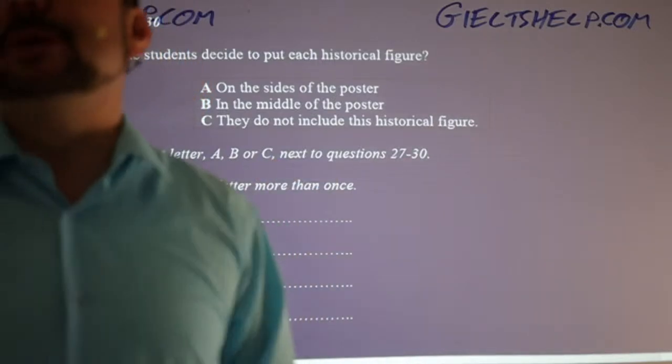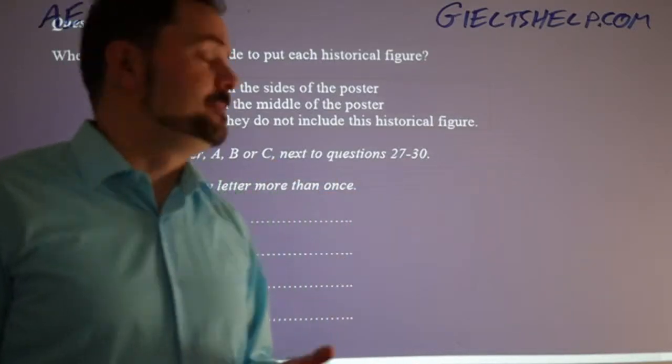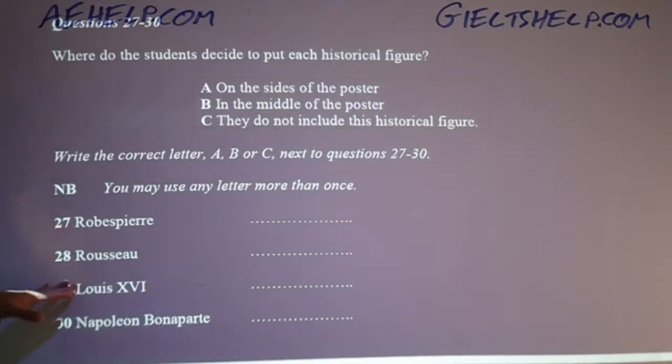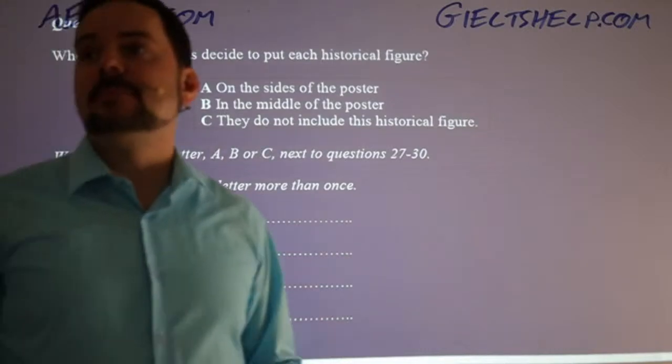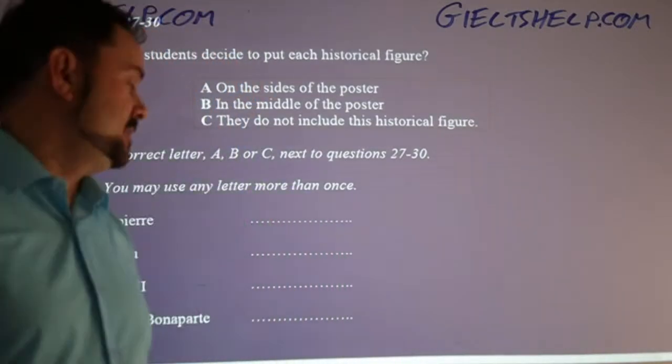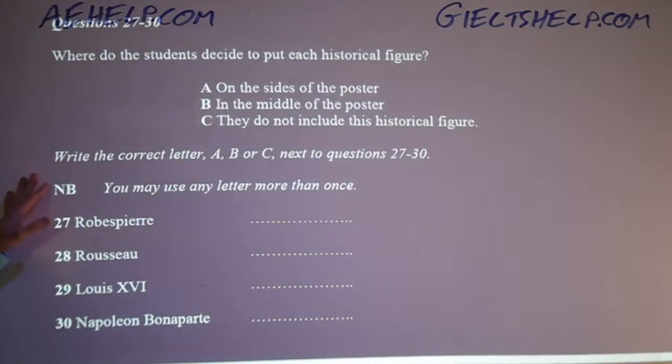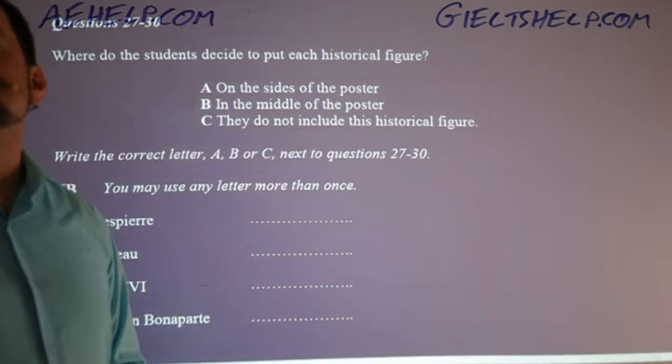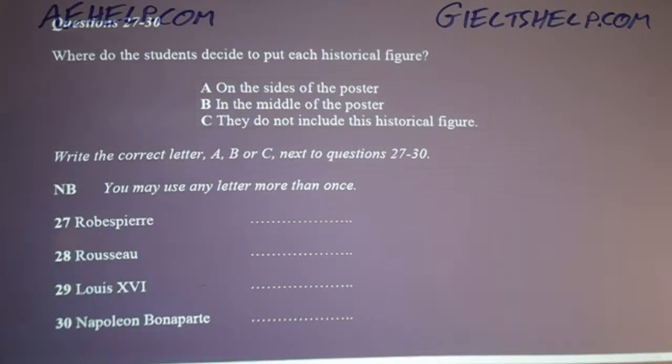All right, before we talk about each of these people. So Robespierre, Rousseau, Louis the 16th, Napoleon Bonaparte. Irfan, it's not about French historians. Okay, these are not French historians. Napoleon was the emperor of France at one point. Some of these, this was the king of France.